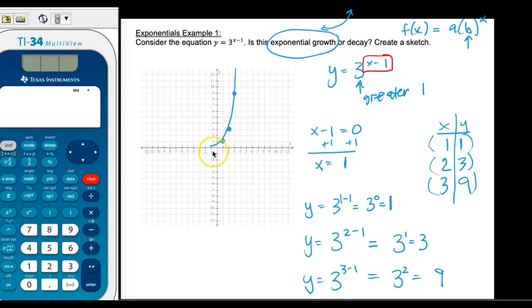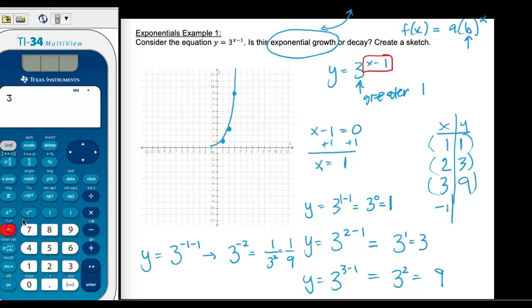But again, if you were unsure of where it goes in this direction, then plug in a negative 1 just to see. So what happens if I plug in negative 1? I get y equals 3 to the negative 1 minus 1, which is 3 to the negative 2 power. That ends up being 1 over 3 squared, or 1/9. You can always use your calculator, though.